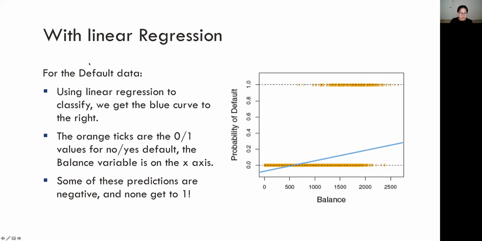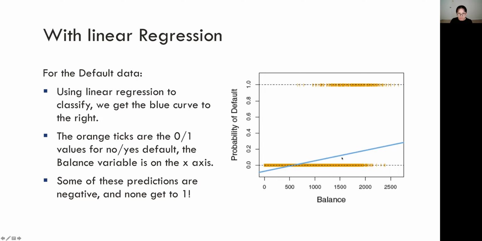Here is another thing to demonstrate why linear regression is not working for us. For this default data set, I have the probability of default on the y-axis and the balance on the x-axis. 0 means non-default, 1 means default. And these orange bars indicate, for different balances, default or not.